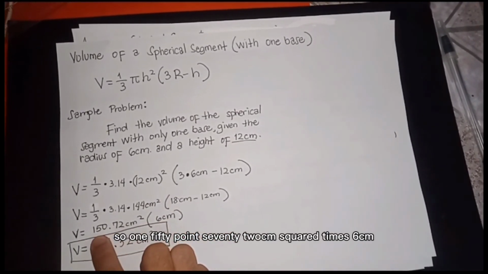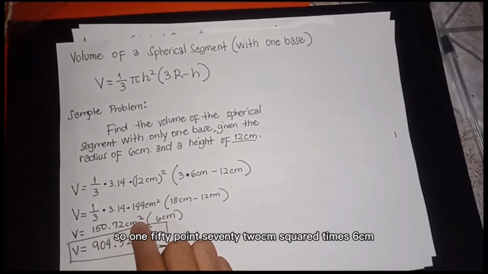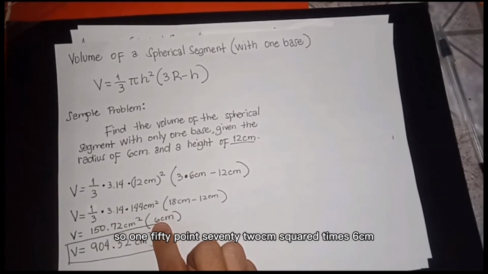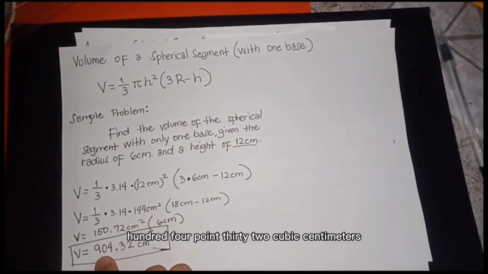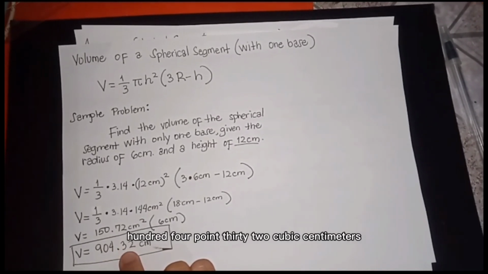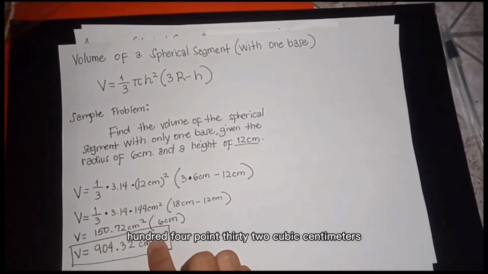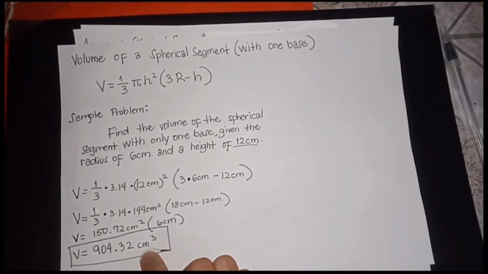So 150.72 centimeters squared times 6 centimeters is equal to 904.32 cubic centimeters.